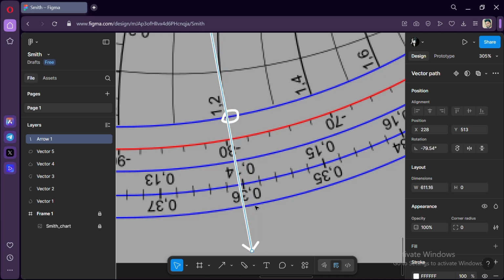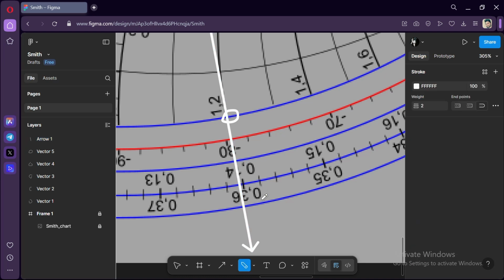Now we need the wavelength value here. Exactly, we can say 0.36.